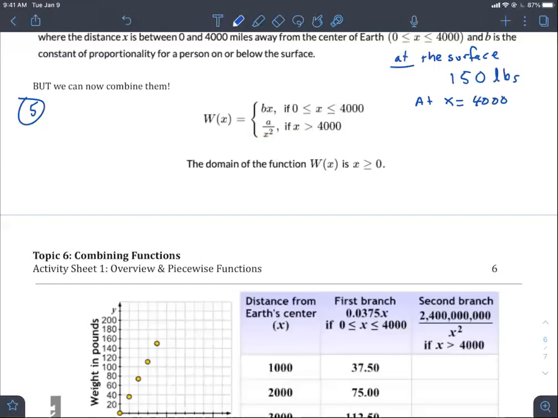Now, for x equals 4,000, we are technically supposed to use the first equation. So b of x equals 150 when x equals 4,000. So we can real quickly solve for B. B ends up being 0.0375.